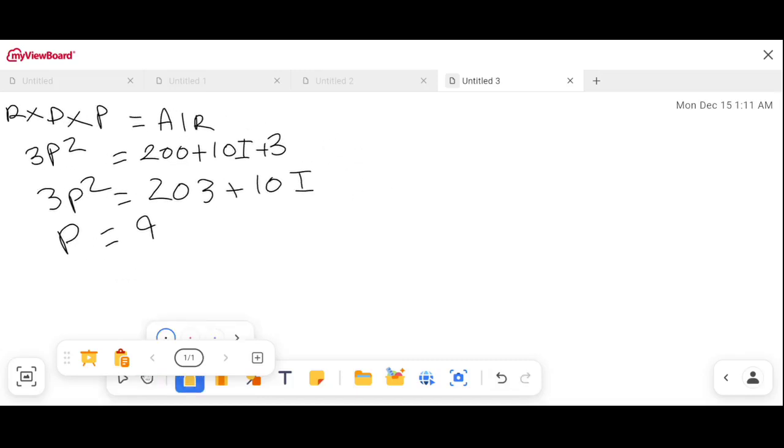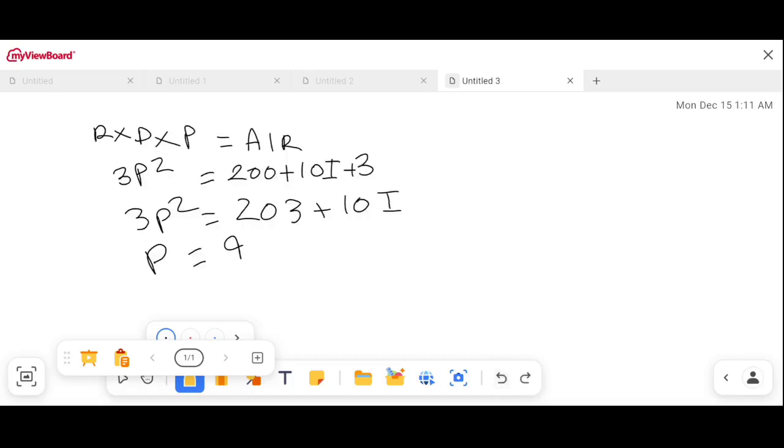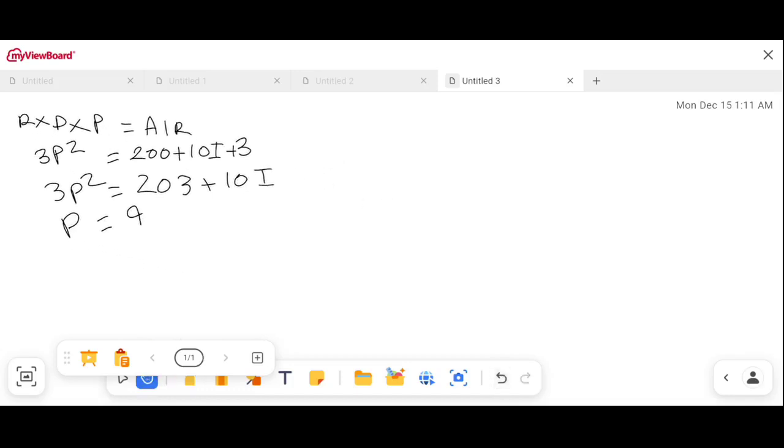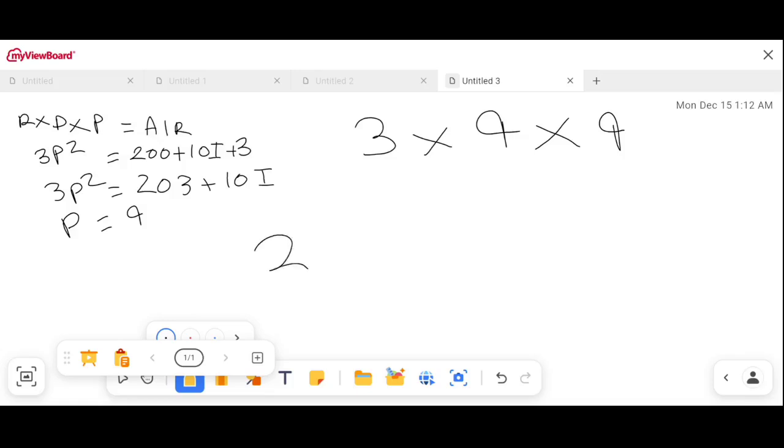With p equals 9, the LHS will become 243. The LHS would be 3 times 9 times 9, and 9 times 9 is 81, and 81 times 3 is 243. So LHS becomes 243 equals 203 plus 10i.